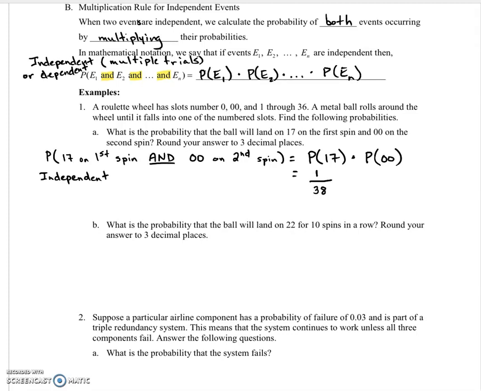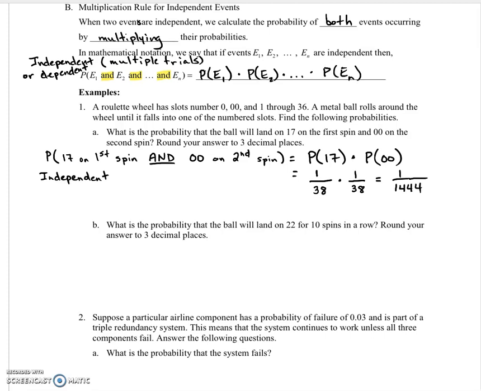Because we have the numbers 1 through 36, that's 36 of them, and then we have the two other slots, 0 and 00. Then we multiply that by the probability of landing on the double 0, which there's still only one slot that has that number out of 38 total slots. So that is 1 over 1,444.